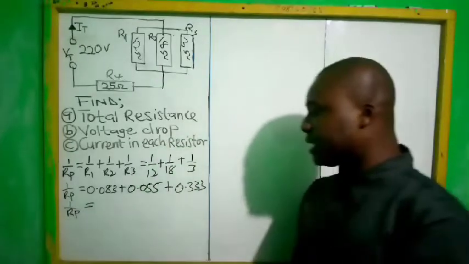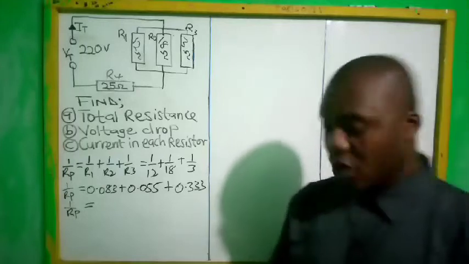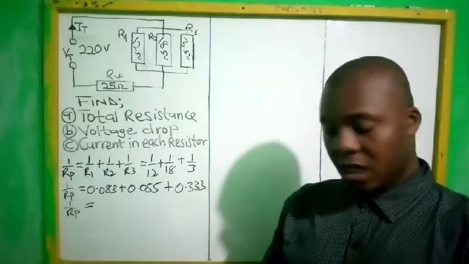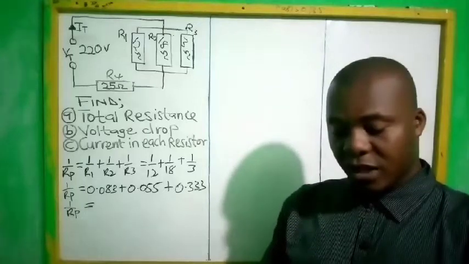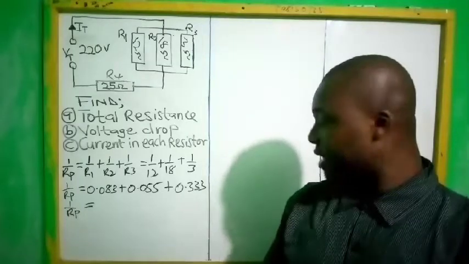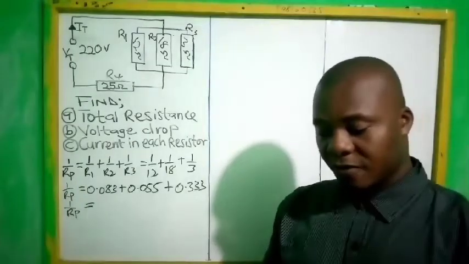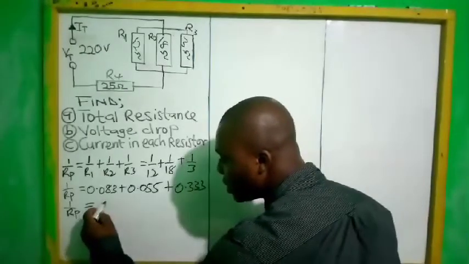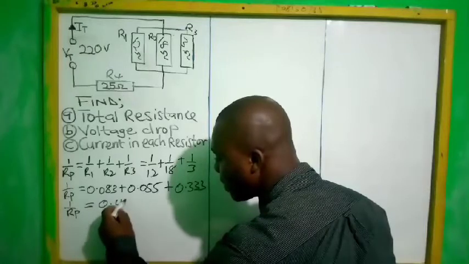Now let's add these three: 0.083 plus 0.055 plus 0.333, and we have our answer as 0.471, so 0.47.